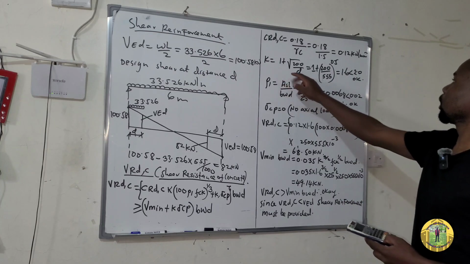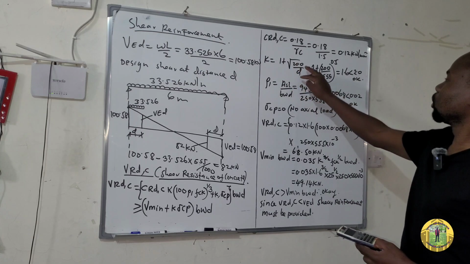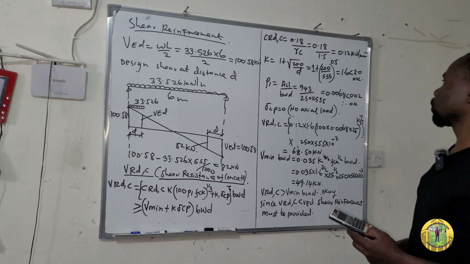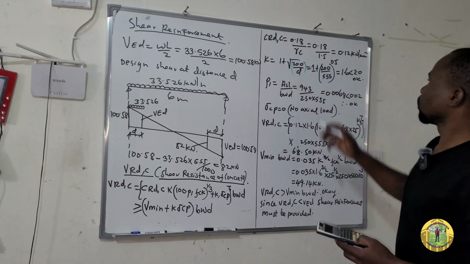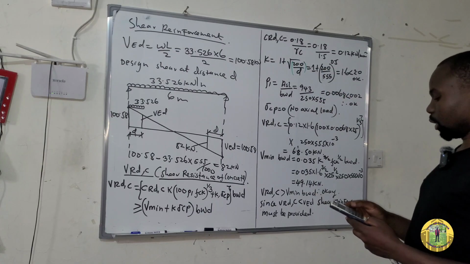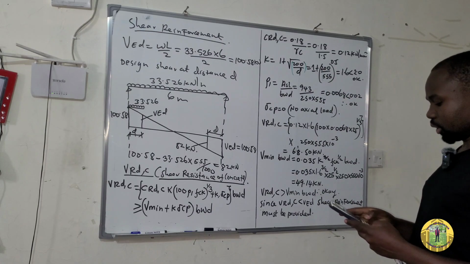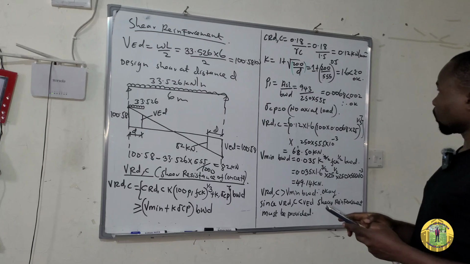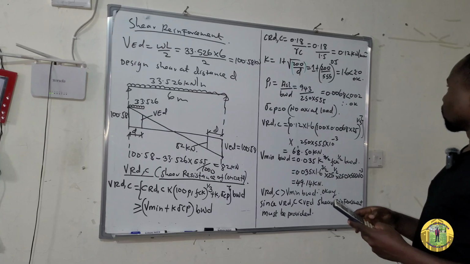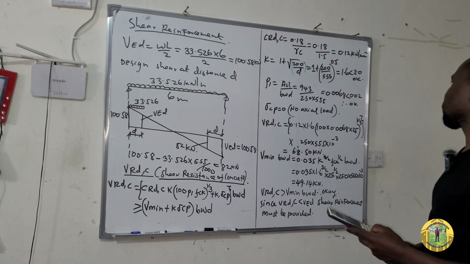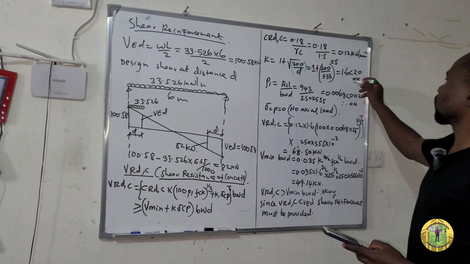And then K is given by this formula, 1 plus root of bracket 200 over D. Our D is 555. So this is 1 plus 200 over 555 raised to power 0.5. You get 1.6. It must be less than 2.0, which is okay.